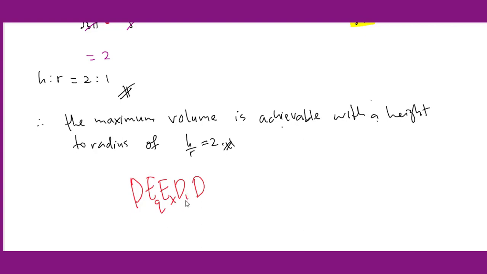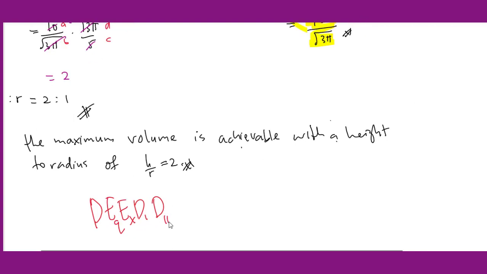E1 is differentiate, the first derivative, to find the stationary point. E2 is to find the second derivative to check whether the stationary point is a maximum or minimum. Just remember this when solving optimization problems.